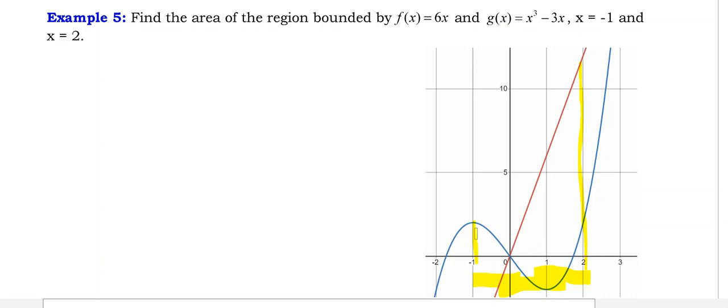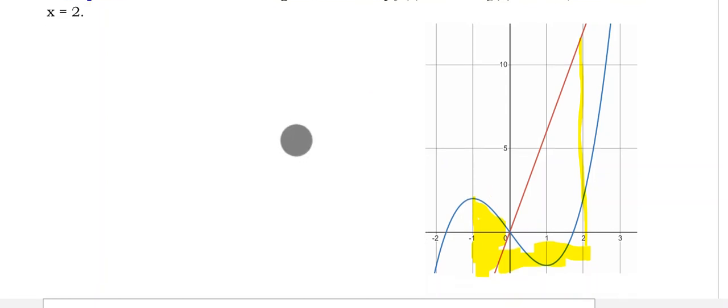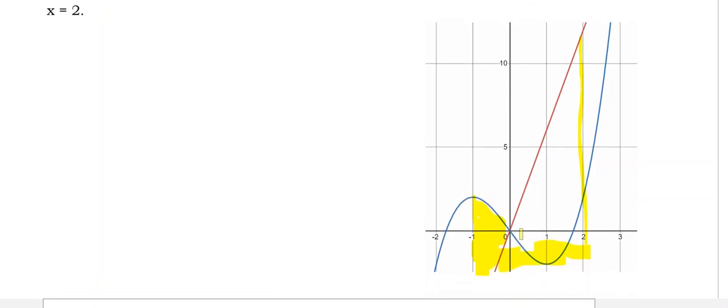We have the curve of g of x above f of x from -1 to 0. And then from 0 to 2, we have f of x above g of x. So we have two separate areas here. We have area A and then area B.